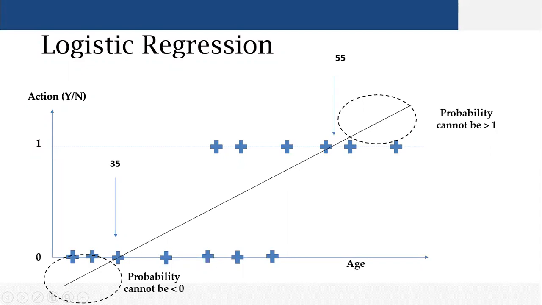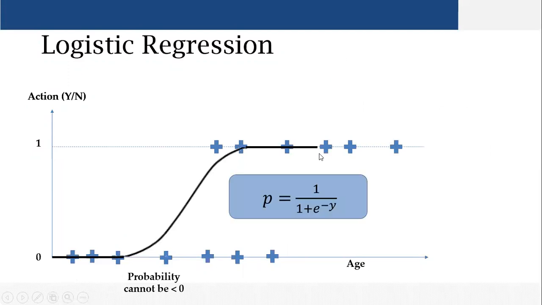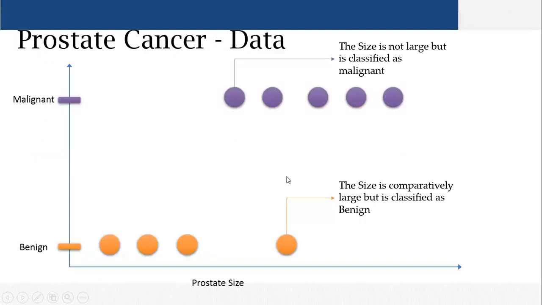That is not possible, which is why this line becomes an S-shaped curve. This is called your logistic regression, wherein you have data in this format, 1 or 0. So that is what we are going to do in this case, malignant or benign.